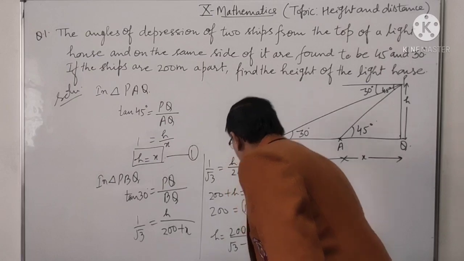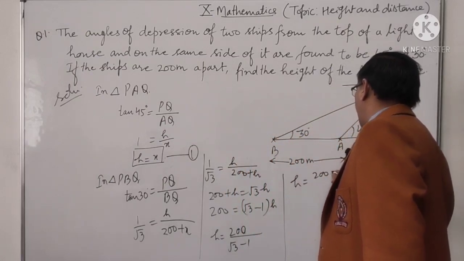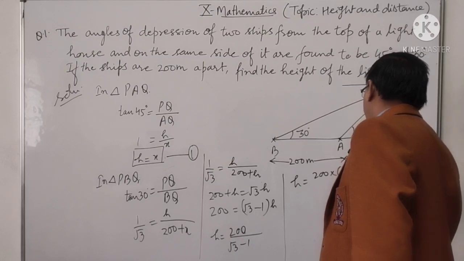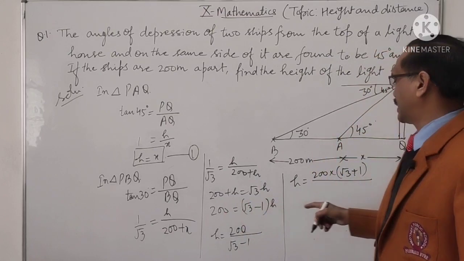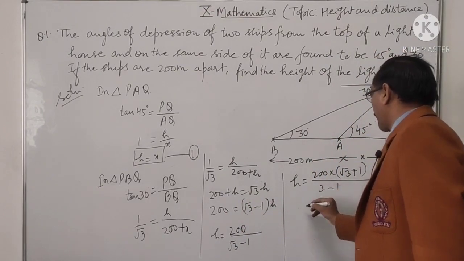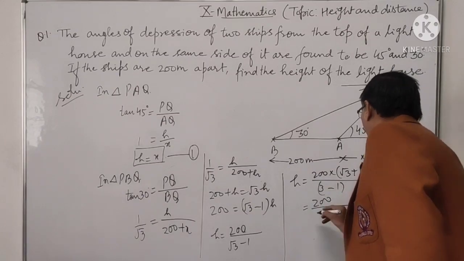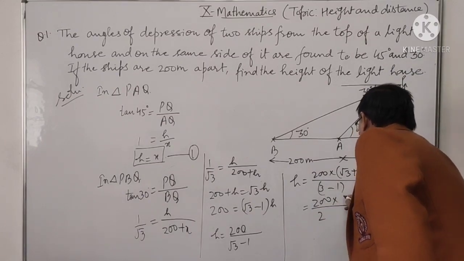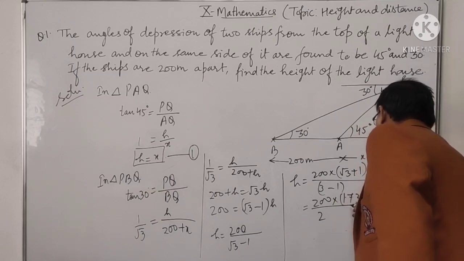Now we will rationalize it. So h equals 200 into root 3 plus 1, and the denominator becomes (a minus b) into (a plus b). It is a square minus b square, so it is 3 minus 1, or it is 2. So 200 upon 2 into the value of root 3, 1.732, plus 1.